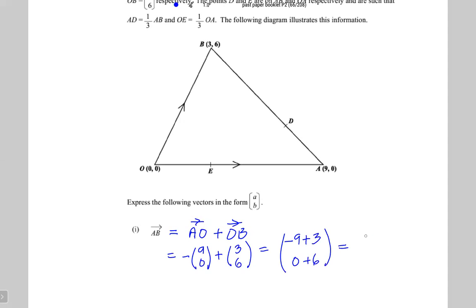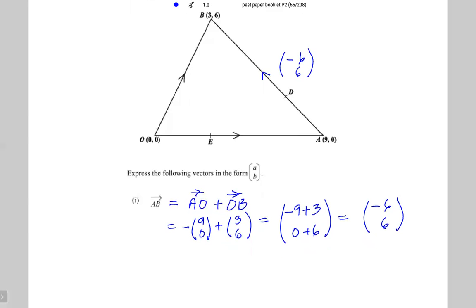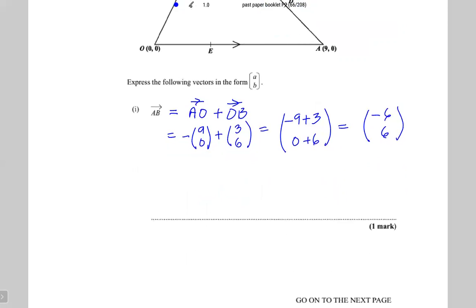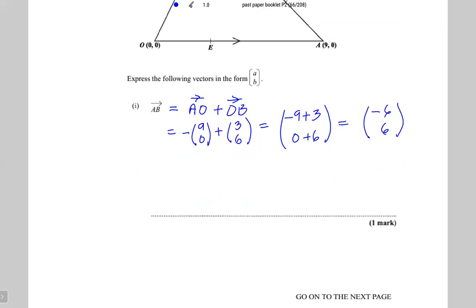So AB is minus 6, positive 6. All right, so that's AB. It is minus 6, positive 6. All right, next. This is I. Let's turn the page and see what II is asking for.